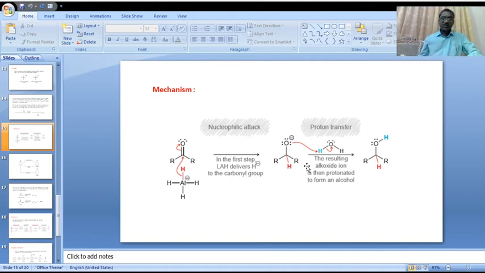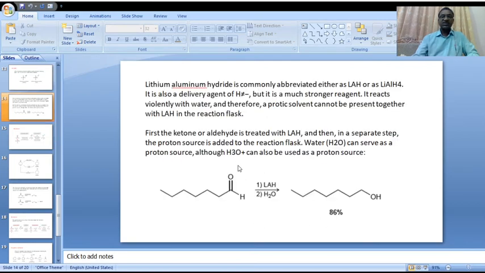In the second step, we are using that particular water molecule. Otherwise, if we use this water molecule in the first step, that particular reaction we just discussed proceeds violently with the water.